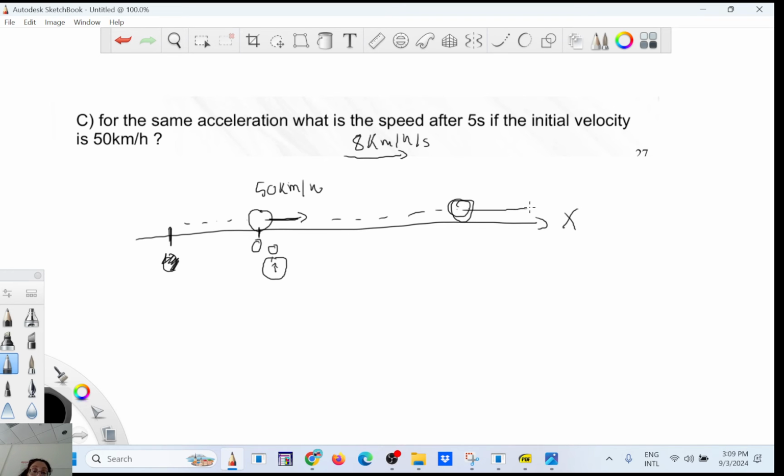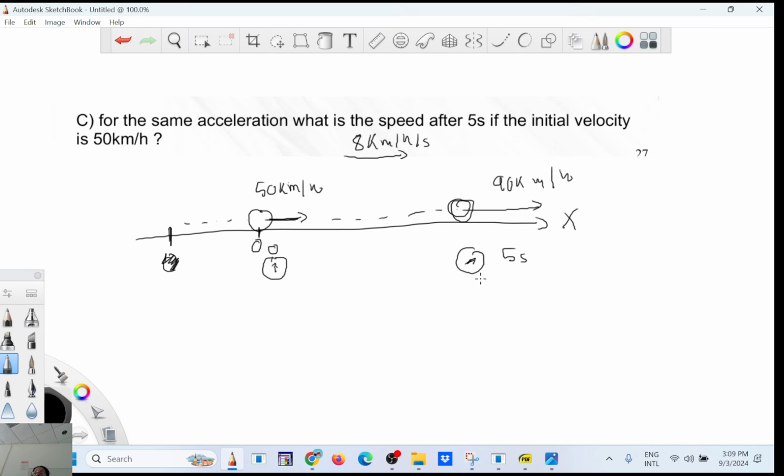How fast is it going after 3 seconds, 5 seconds? Yes, 90. Do you all agree with that? Because every second it's increasing by 8. So after 5 seconds, it has increased by 40. But then it had already 50 to begin with. So the final here will be 90.